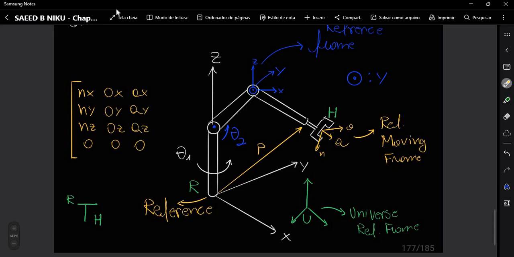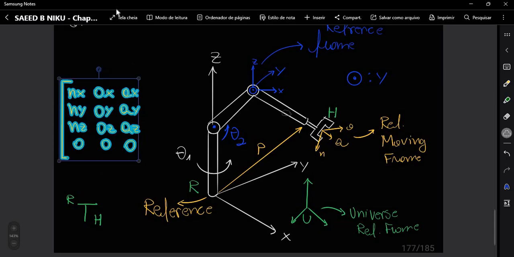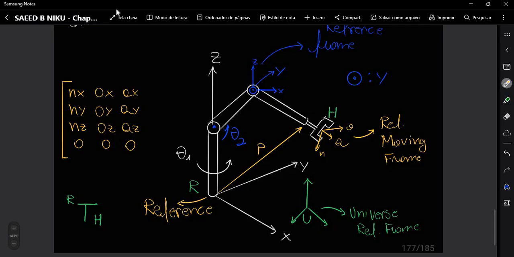So A because of this axis, and X because of this x-axis, Y because of this y-axis. You understand? So because of this reference frame in this moving frame, we got this matrix with this shape made for this coordinate system.